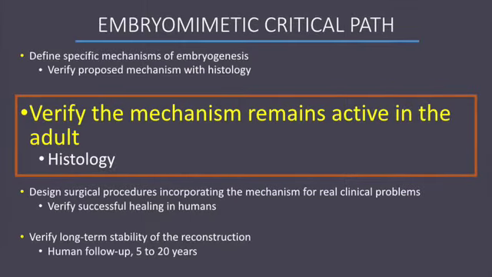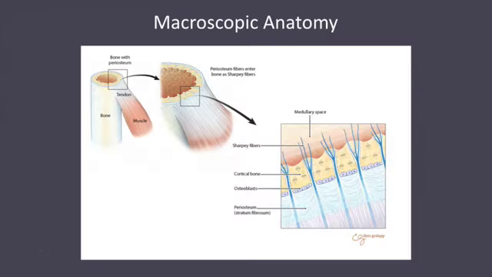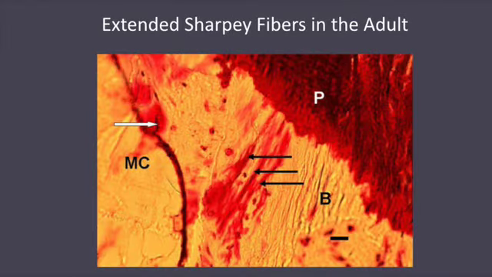Again, we need to define the mechanism and be able to demonstrate that the physiology and anatomy is present in the adult and working in an active way. Again, it requires histology to prove those objectives.